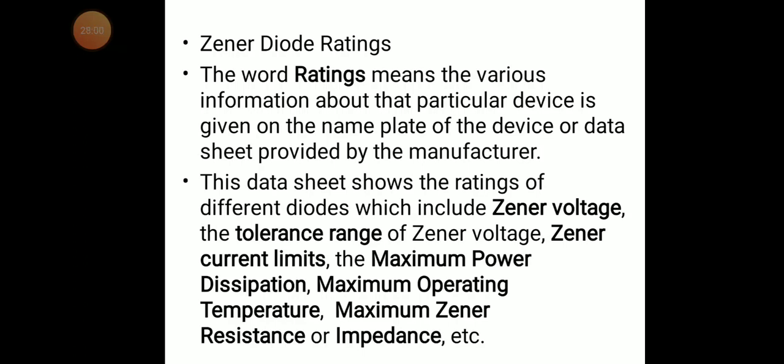Otherwise, without knowing the ratings, if you use the device, it cannot meet our required applications.